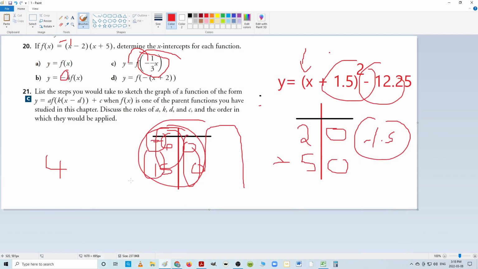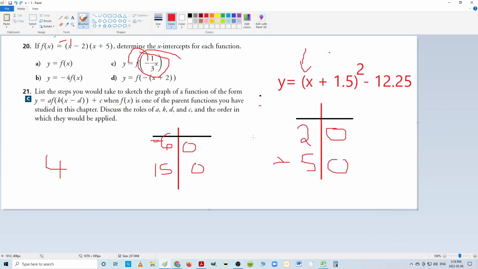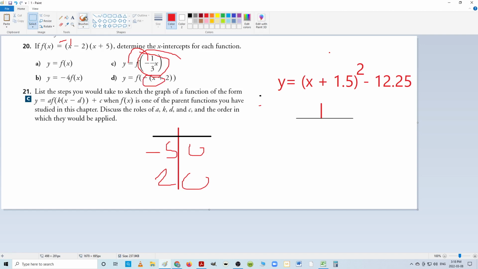And then this last one, I have to multiply all the x values by -1 and then subtract 2. The original ones were -5, 0 and 2, 0. So when I multiply by negative, it becomes +5, and then I've got to subtract 2.